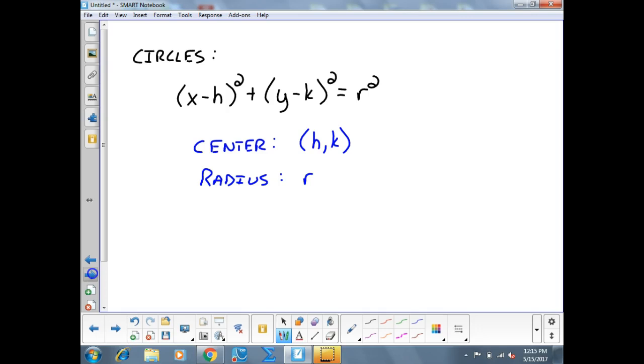Pretty straightforward with that. Any questions circle-wise? How do you figure out the radius? Take the square root of r squared. Okay.